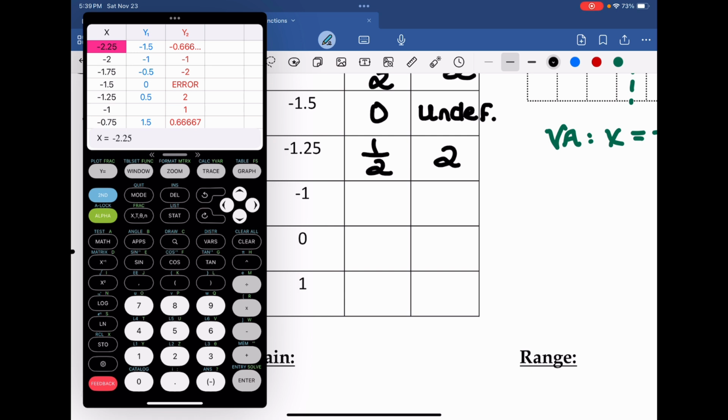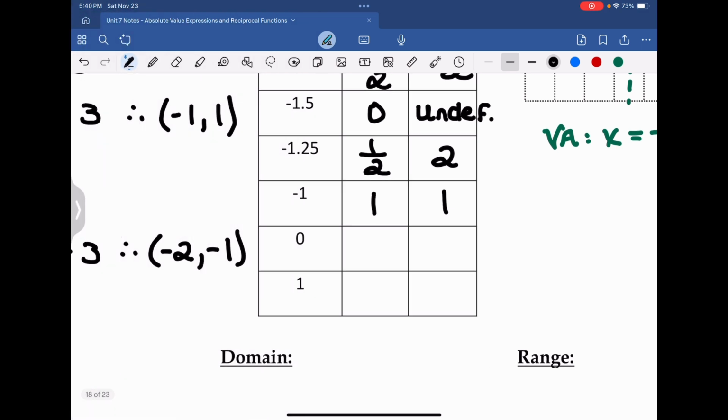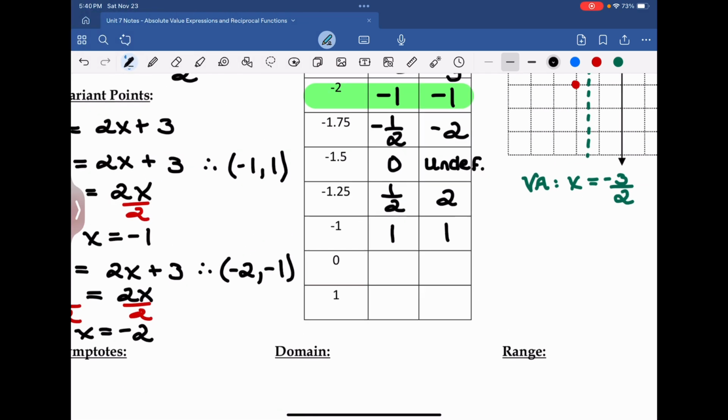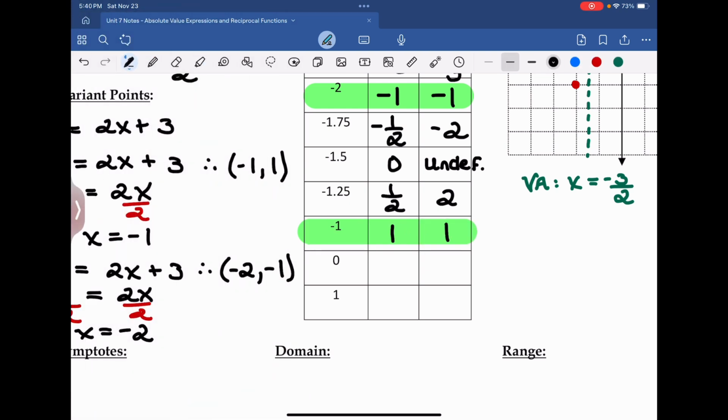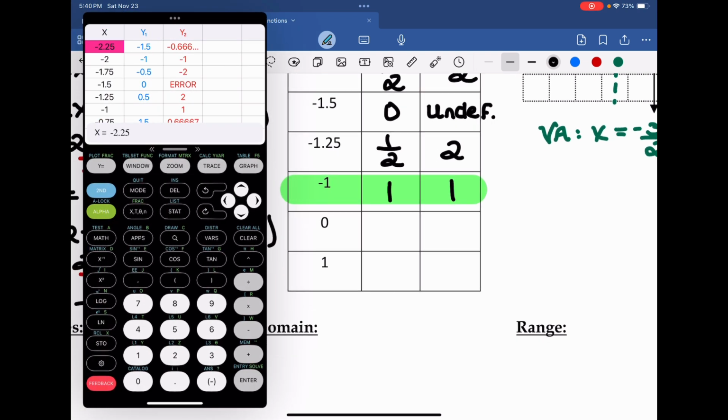We then go to negative 1, which in this case should just give us 1. I don't know why it's not showing there, but we're going to put in our 1 here. There we go. So again, this was another one of our invariant points. So that's our second invariant point. And then let's just grab that there.